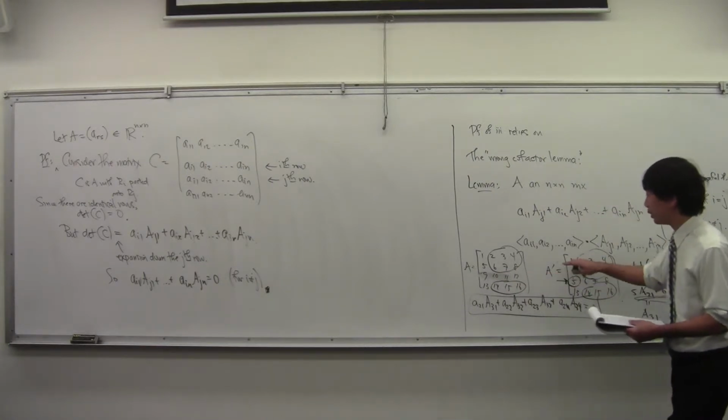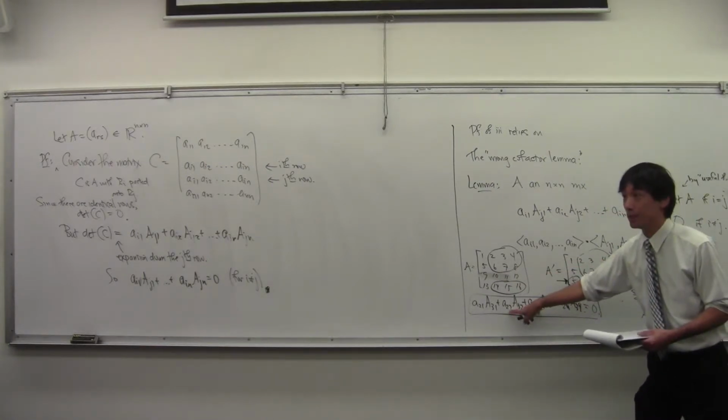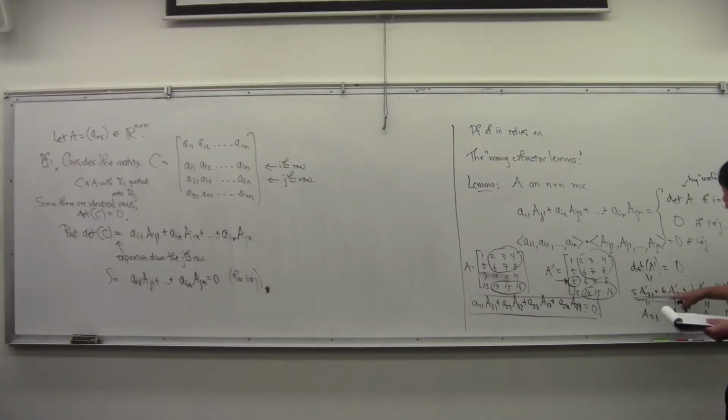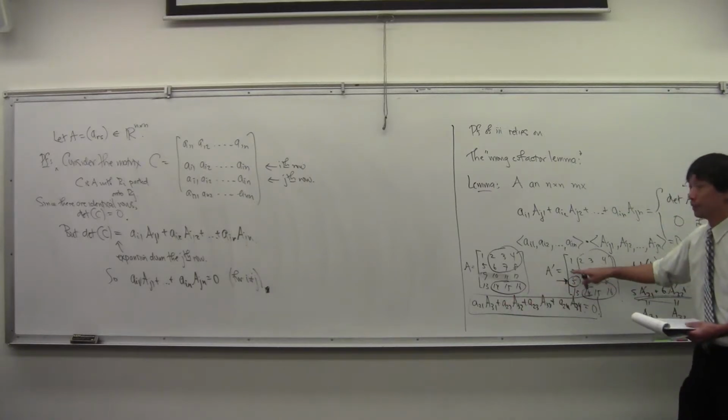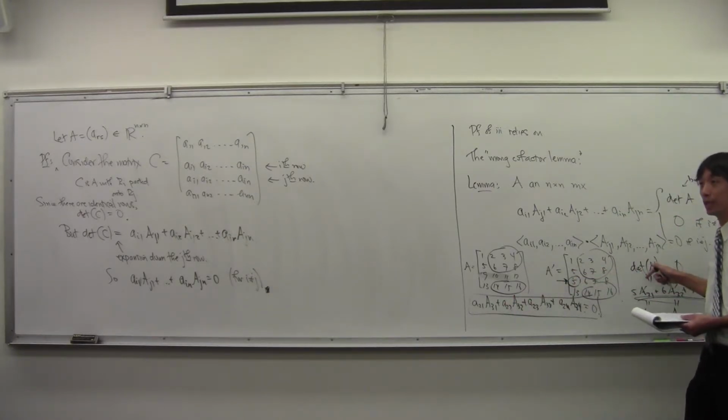So the reason you do it is because you're trying to calculate what this is, and you say, look, this thing is actually 0. This thing is the determinant of this matrix, which is 0.